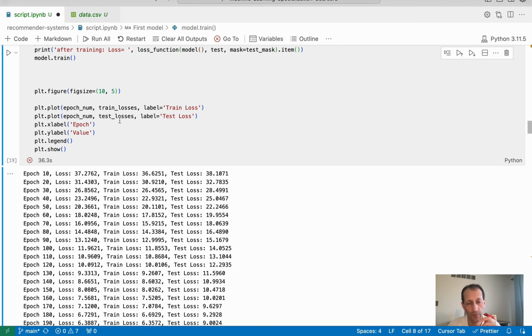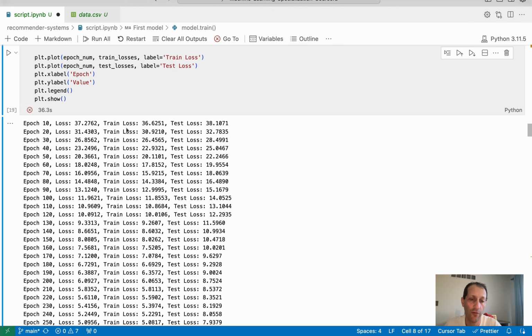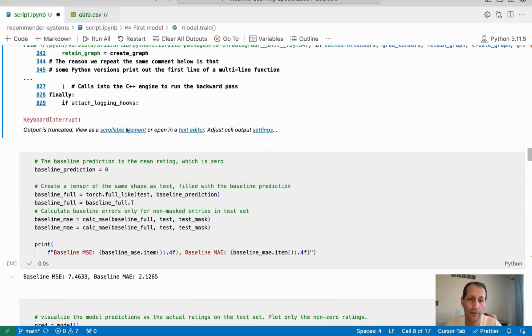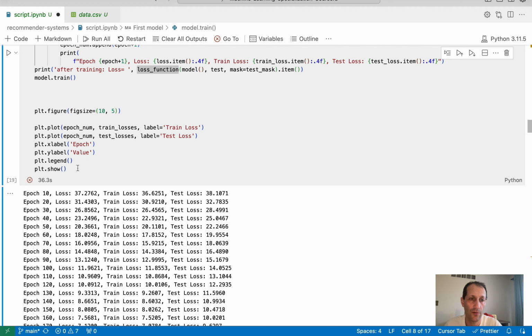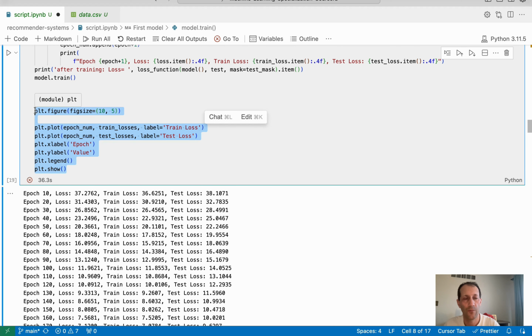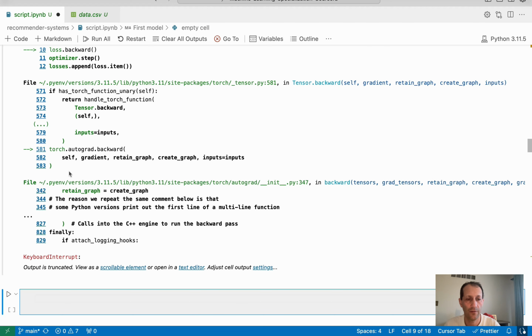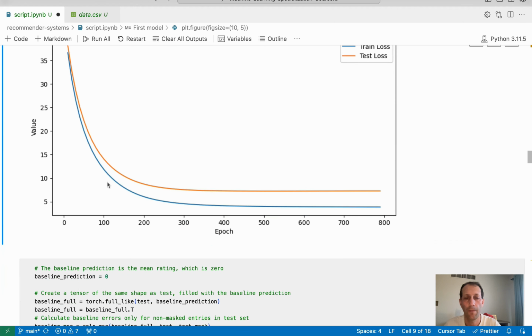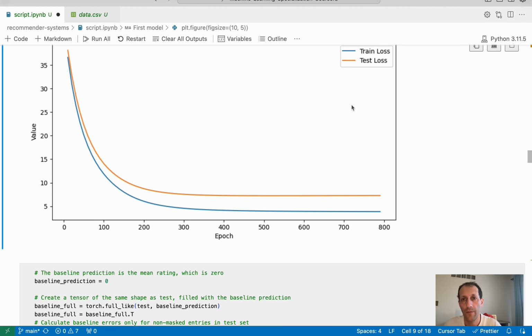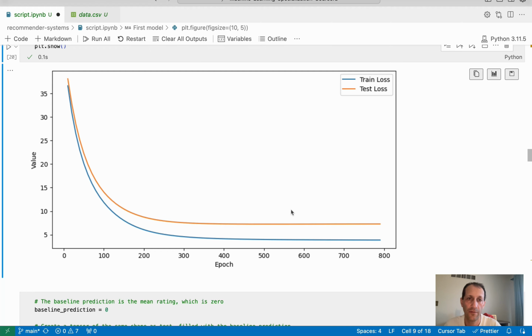It looks like you're actually starting to overfit, and I'm going to visualize it too. So if I do this, yeah. So the train and test loss.